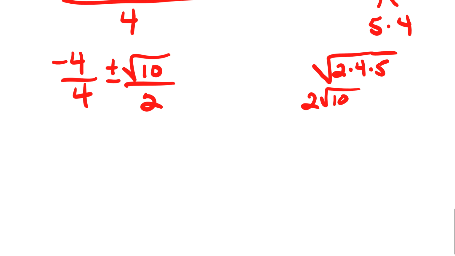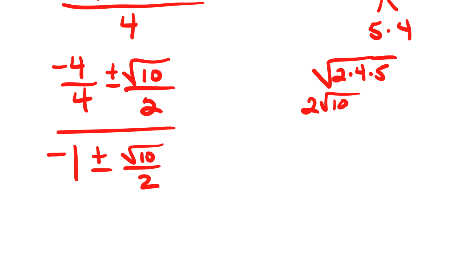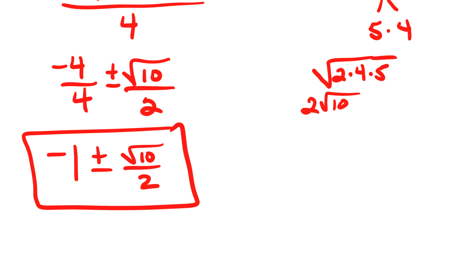If I left it like this, then it would be negative 1 plus or minus root 10 over 2. There are different variations here for that problem, and you'd have to leave it in this form if you were to do that. So this form's okay. This one needs to be simplified. So this is the answer simplified, and there are other ways of representing this. That's it. Done with that.